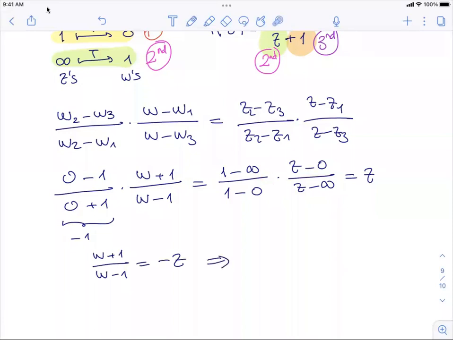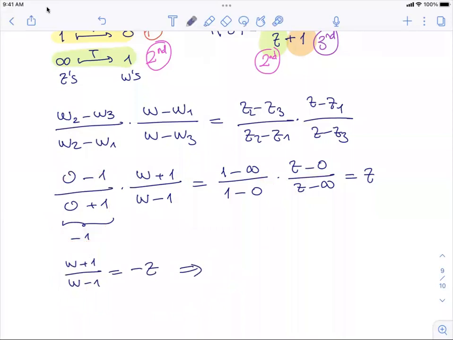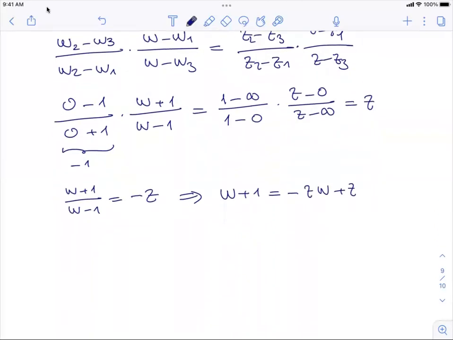That means the minus, remember, comes from here. So that means w plus 1 equals minus zw plus z. So that means sending all the w's to the left, we have 1 plus z w.